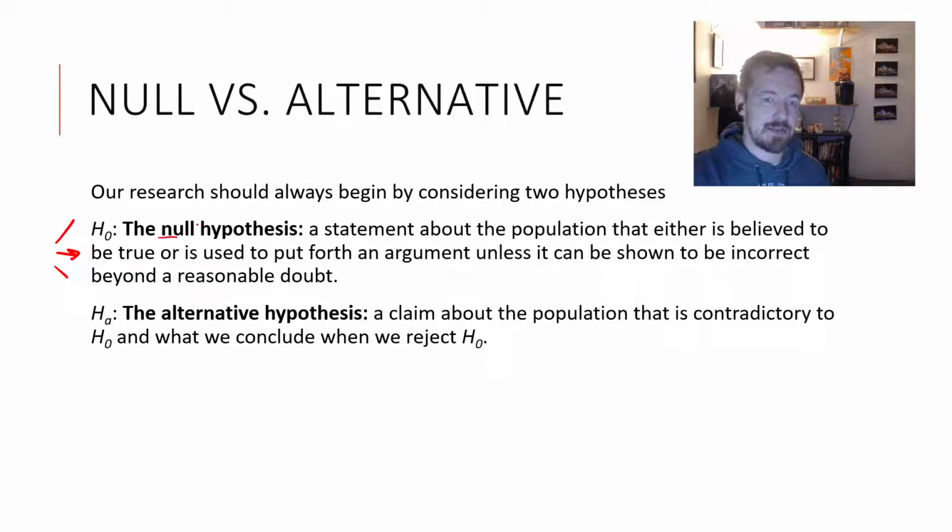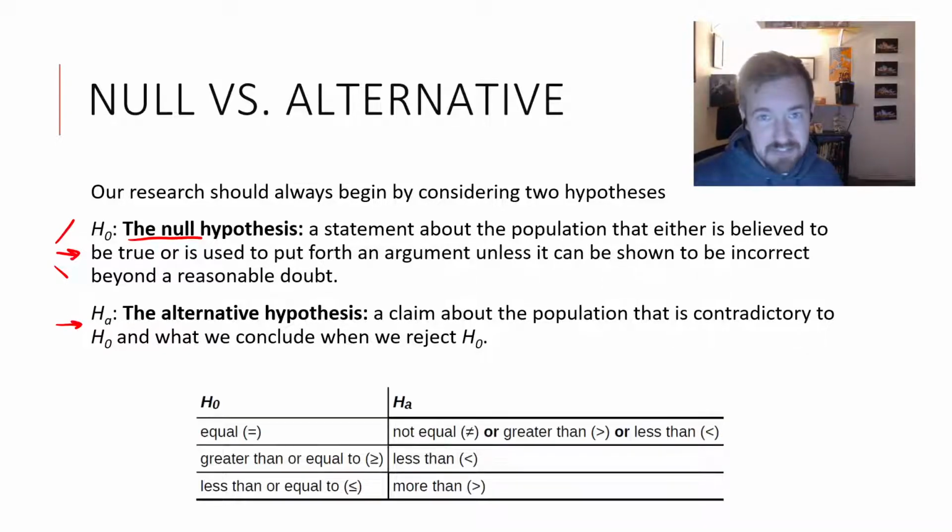Another way to think about this is that our job as researchers and as clinicians and therapists is to assume the null hypothesis until we have enough evidence to overturn it. And then we can operate with the alternative hypothesis. So think about it like that. We're going to assume that there are no differences amongst our groups, amongst our conditions, unless we have the right data to prove us wrong.